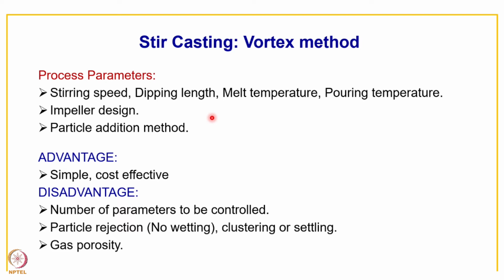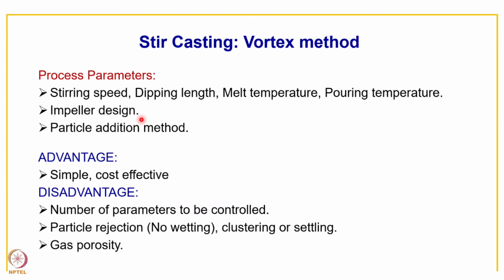So apart from the stirring speed, the dipping length of the impeller will also have some effect on this stir casting process. And then the impeller design itself will also affect the process in terms of how well the vortex can be created.